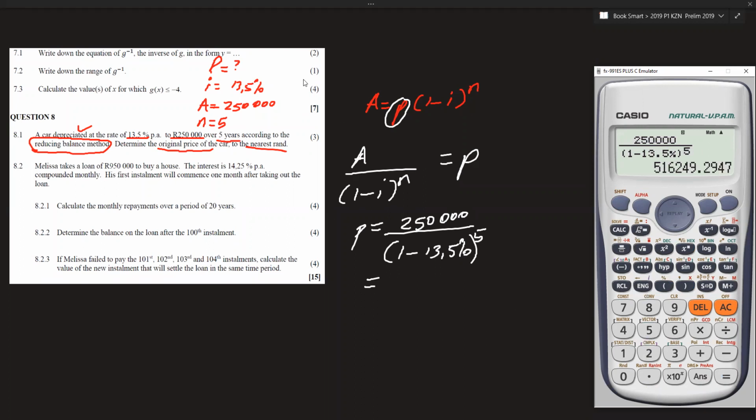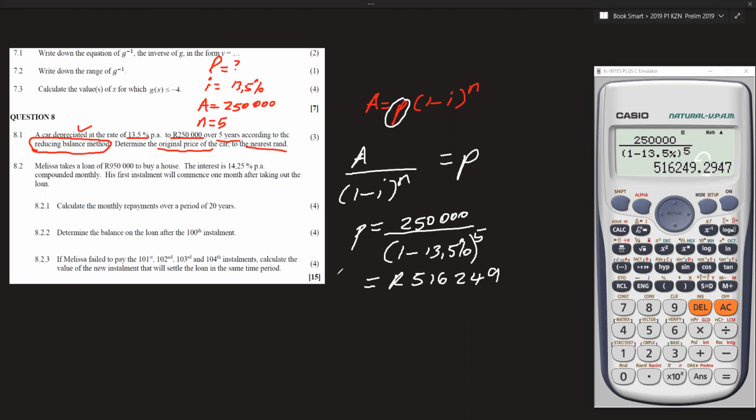And then our answer is what? Remember, we have to check the value of this number here, which is 2. So it's not going to affect this one because they said to the nearest rand. So my answer is going to be R516249. That is my answer to this question.